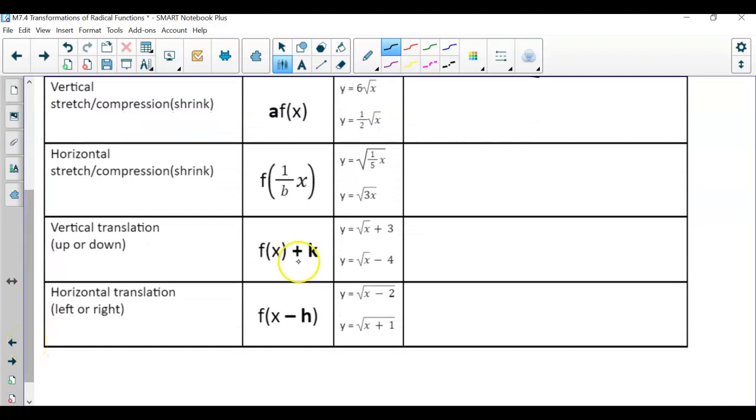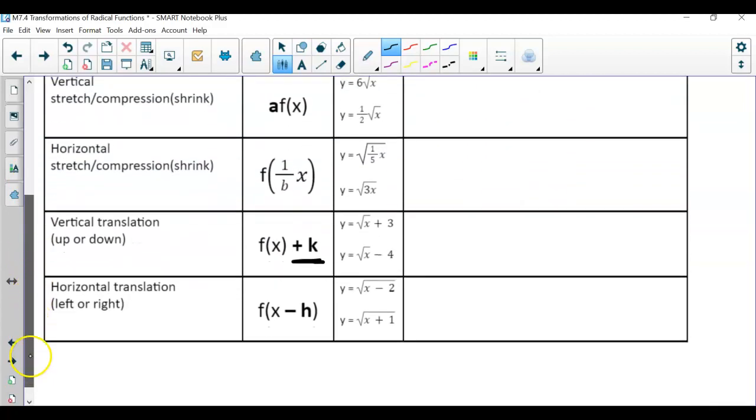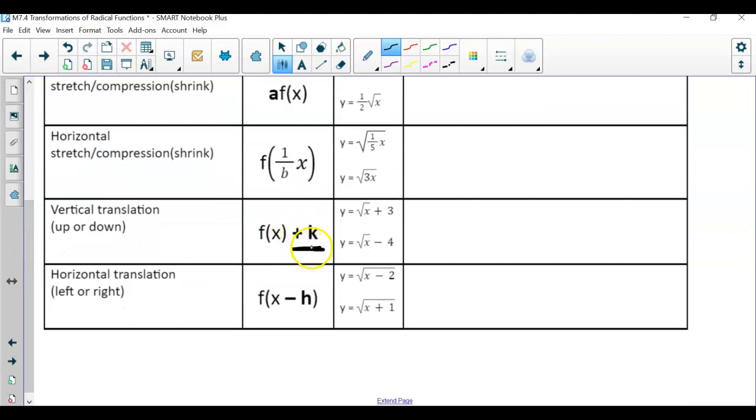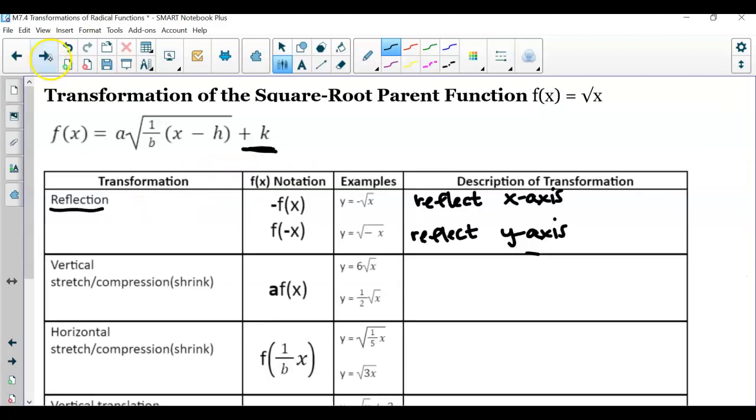So now if you recall, we did that square root of x plus 4, right? Where the 4 was on the outside, which is our value of k here. So again, going back to our equation, see how k is what's on the outside? When we had the square root of x plus 4, there's your k. Notice how when you added 4, it moved up.